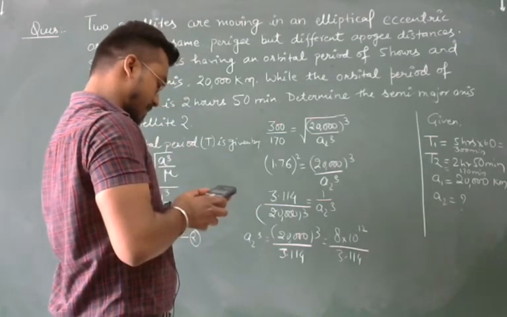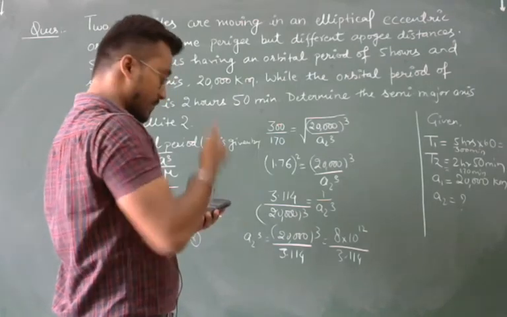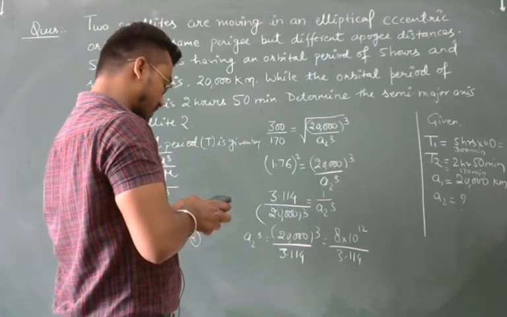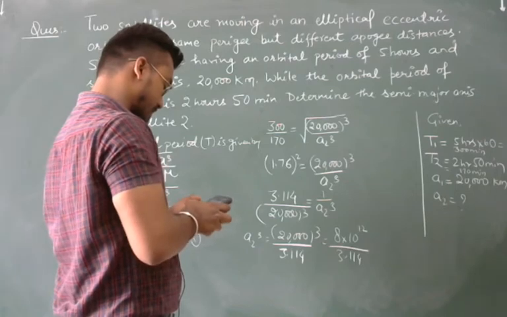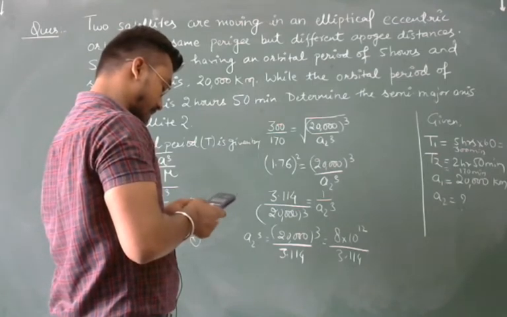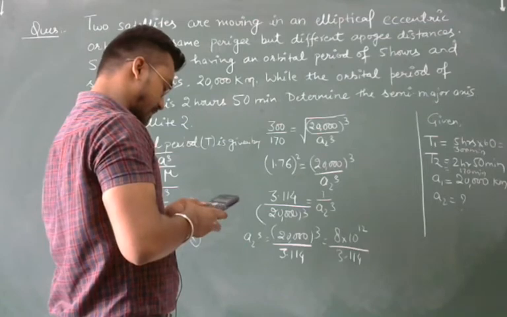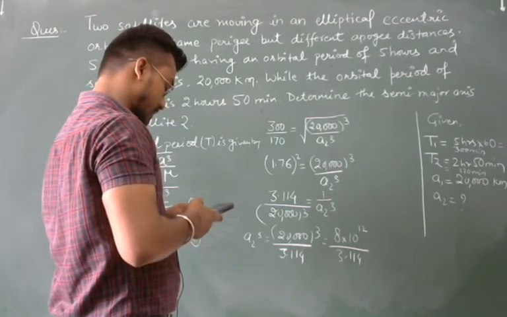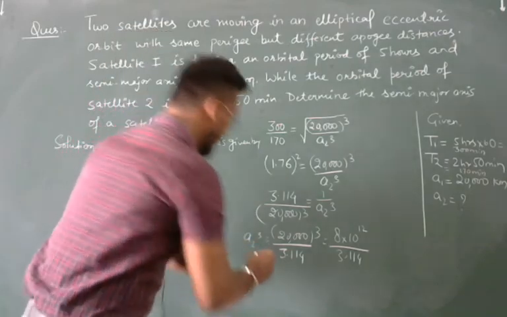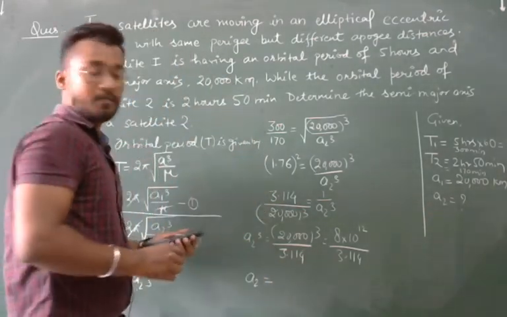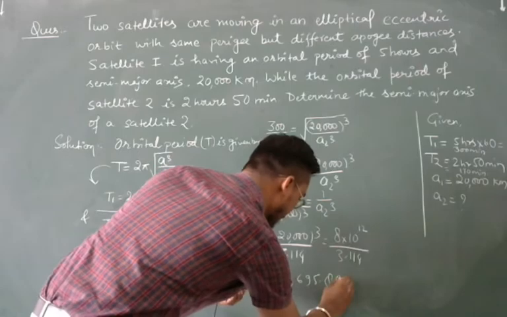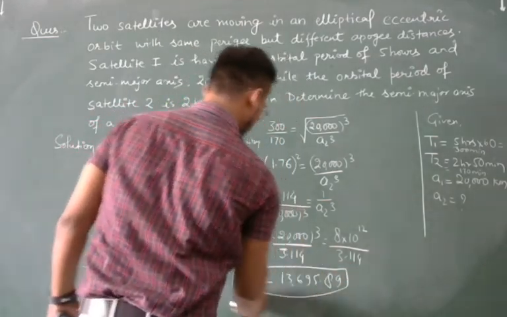This value divided by 3.114 gives 2.56 into 10 to the power 12, and while taking the cube root of it, 8 into 10 to the power 12 divided by 3.114, we have A2 is equal to 13,695.89.